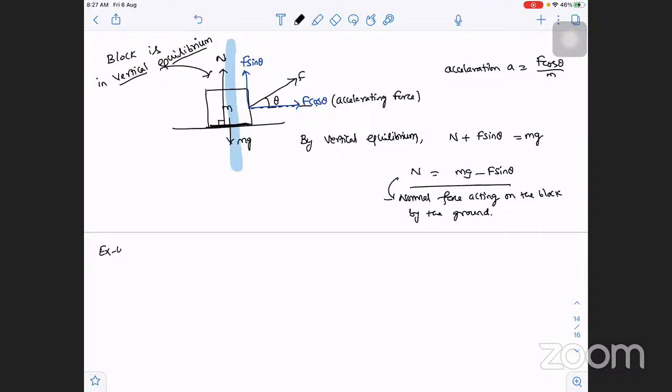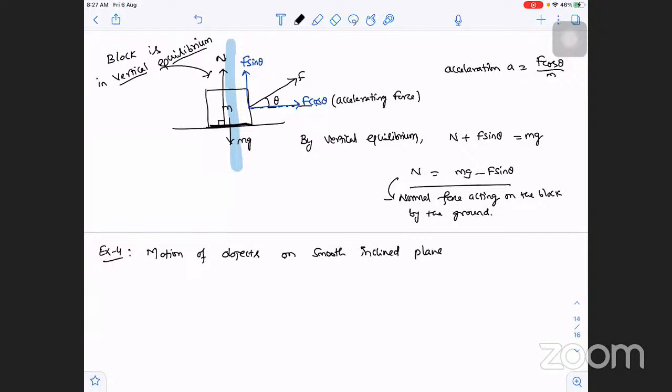For example 4, the heading is motion of objects on a smooth inclined plane.